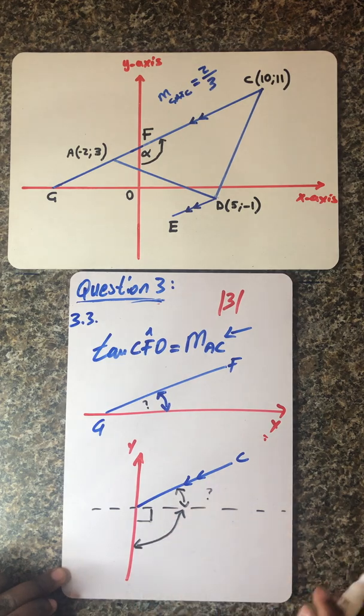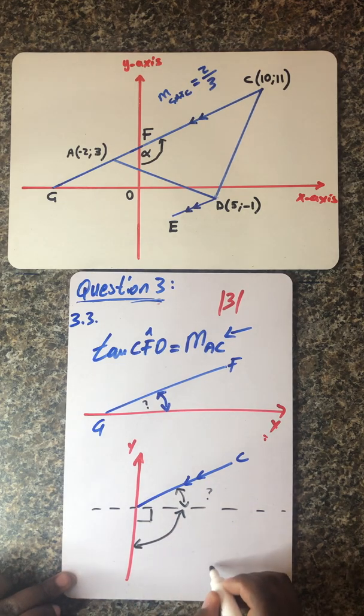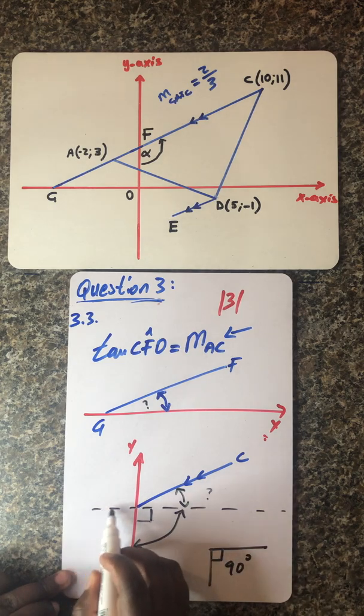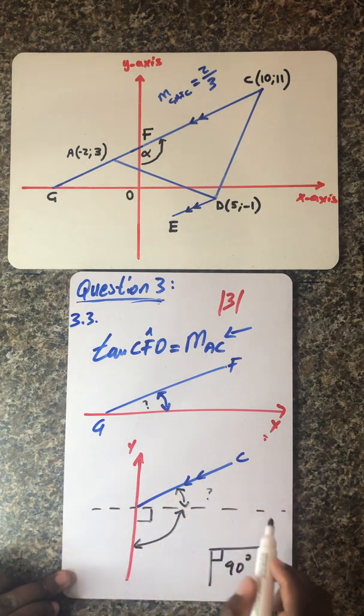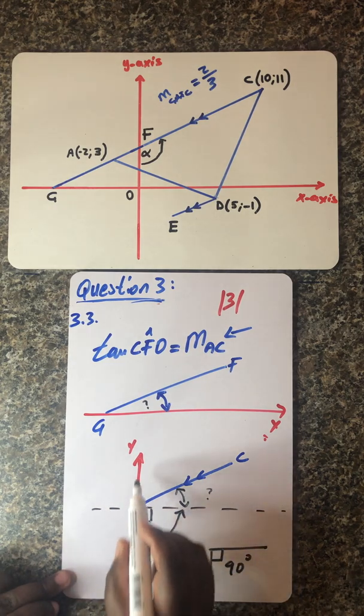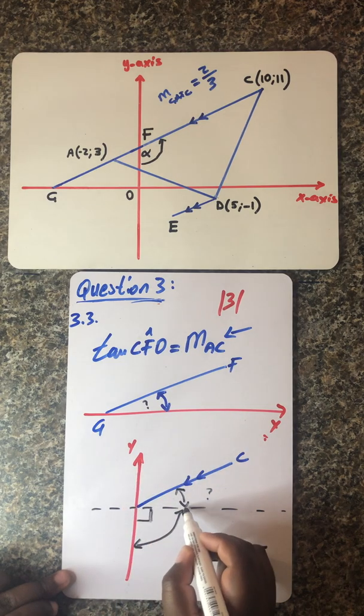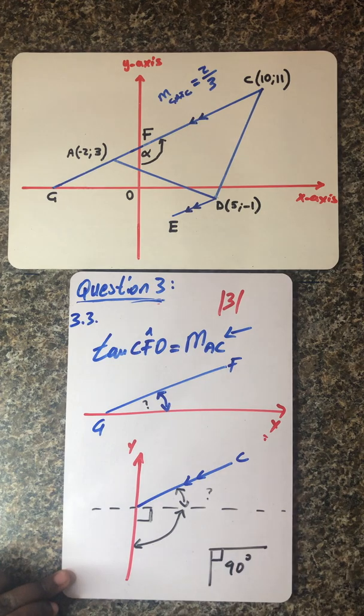I hope you fully understand that when you've got a right angle or lines which are perpendicular to each other, they form a 90-degree angle. So that horizontal dotted line is actually perpendicular to the y-axis. That's why I'm saying we've got 90 degrees there and a small angle there.